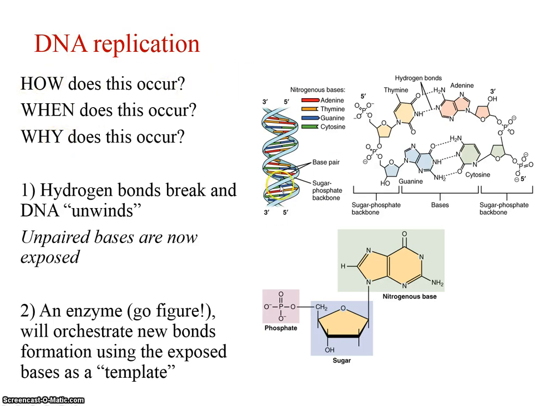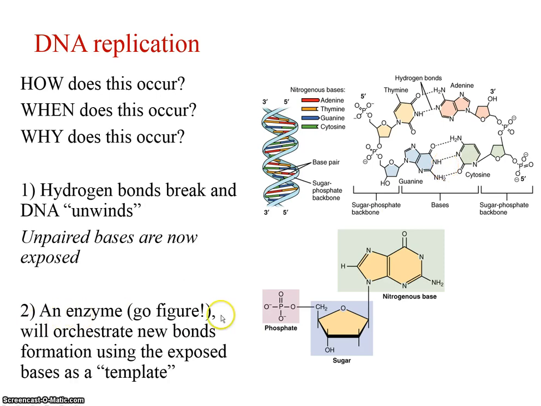It occurs by basically unwinding the 2 chemical strands and building 2 new strands. So I say here, hydrogen bonds break, because that's what's really holding this together. They show you as dotted lines here. Again, thymine to adenine, guanine to cytosine, and it's between the bases, right? So hydrogen bonds break, DNA unwinds. When it unwinds, the paired bases are pulled apart.